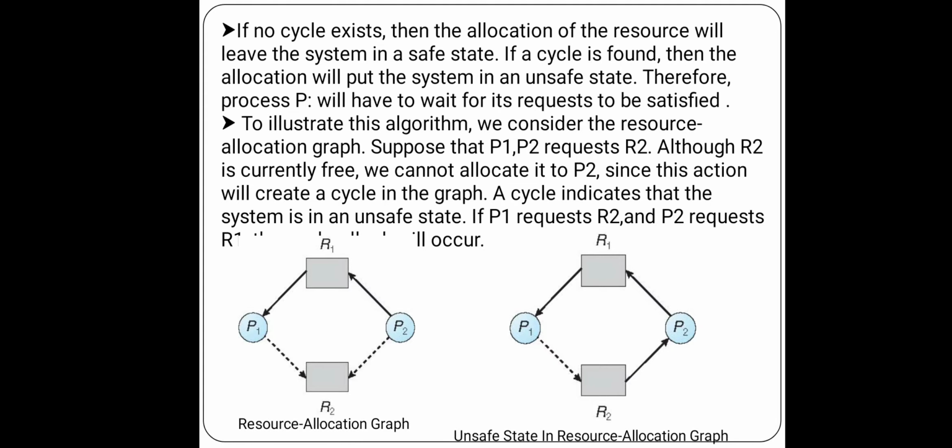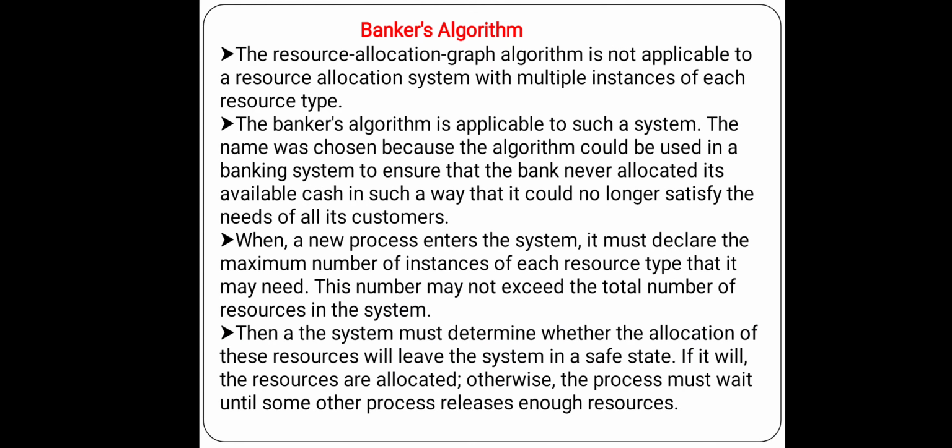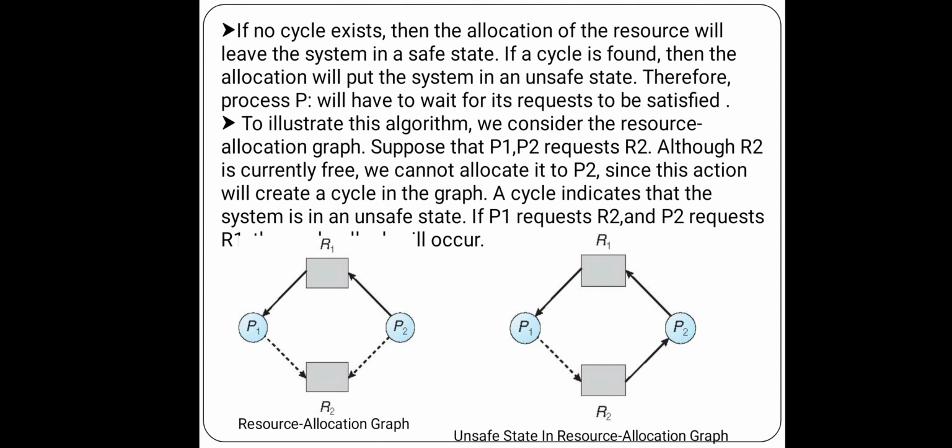If we allocate R2 to P2, it forms a cycle and a deadlock occurs. So we cannot allocate resource R2 to process P2. So that is about how, if P1 requests R2 and P2 requests R2, we can avoid the deadlock.